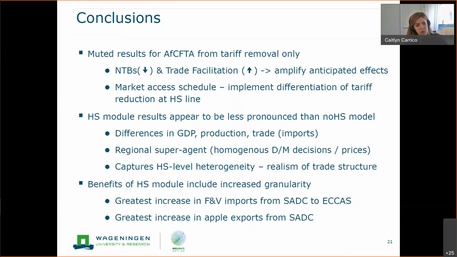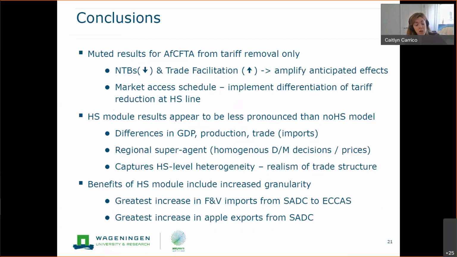Now, again, the HS module results appear to be less pronounced than the standard model, especially if you look at differences in terms of GDP, production, and trade. And this has to do with the theoretical difference in terms of the super agent, but also that now the model has more realism in terms of the trade structure as it captures the heterogeneity at the HS level.